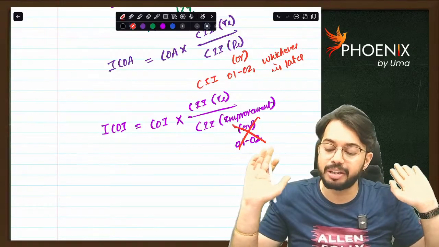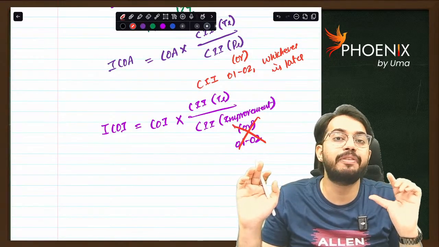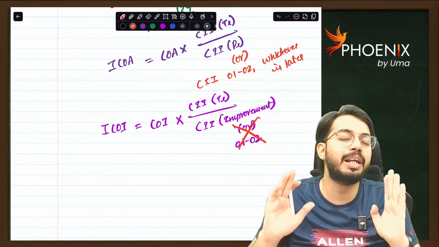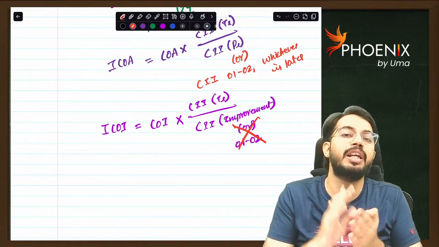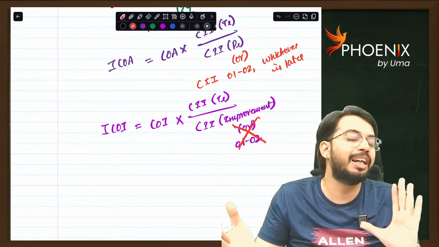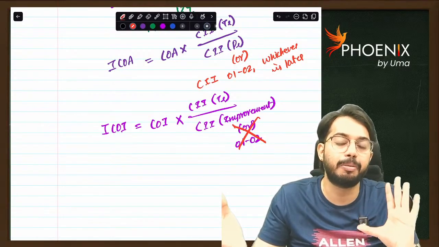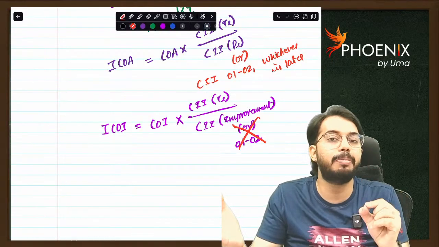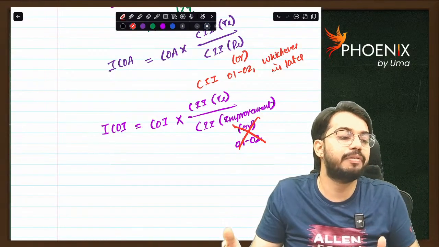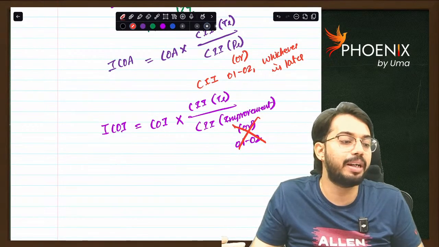So there is no concept of cost inflation index for 2001. Cost of improvement is allowed as deduction only if it is incurred after 1st April 2001. That is why while calculating indexed cost of improvement, formula is cost of improvement into cost inflation index in the year of transfer divided by cost inflation index in the year of improvement. Is it clear?